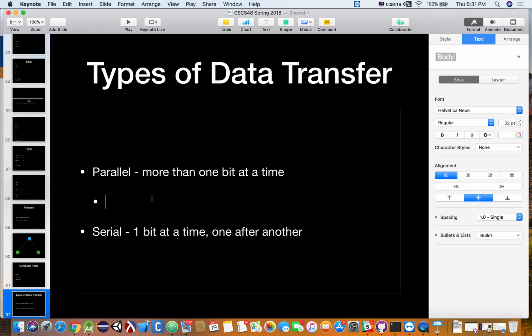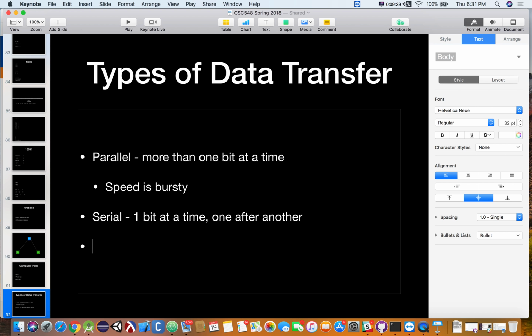Generally speaking, though, when we talk about parallel, the speed is bursty. It can go very, very fast, but it could also slow way down because you're sending stuff in these chunks, and sometimes things can get backed up, or sometimes you don't have enough data to send to the next chunk, so you're not being efficient with the next send. So parallel, the speed is considered to be bursty.